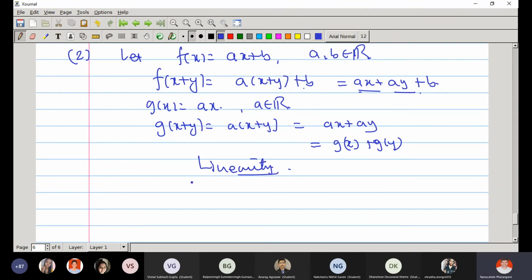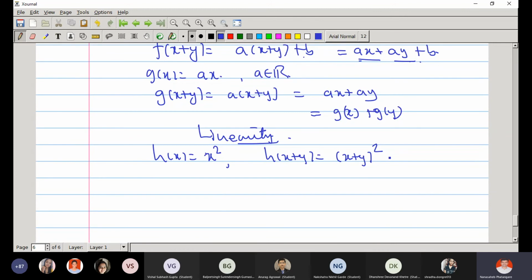Right. And if I have a polynomial like h of x is equal to x square, will this polynomial satisfy the same property like g? No, sir. It is not the same as h of x plus h of y. That means it is not the same as x square plus y square. So linearity fails.